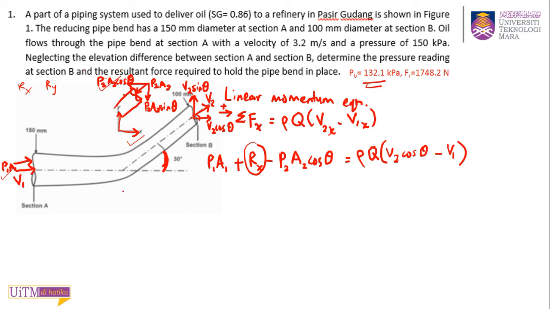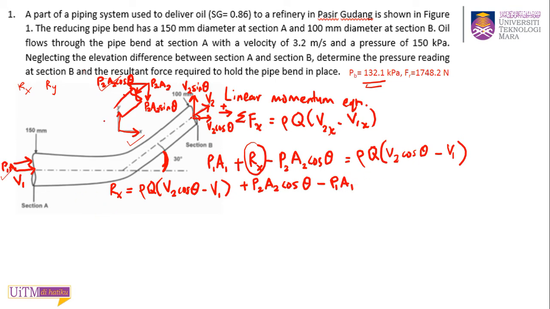Because it's too long I will write here: Rx will equal rho times Q times (V2 cos theta minus V1), plus P2A2 cos theta, minus P1A1.